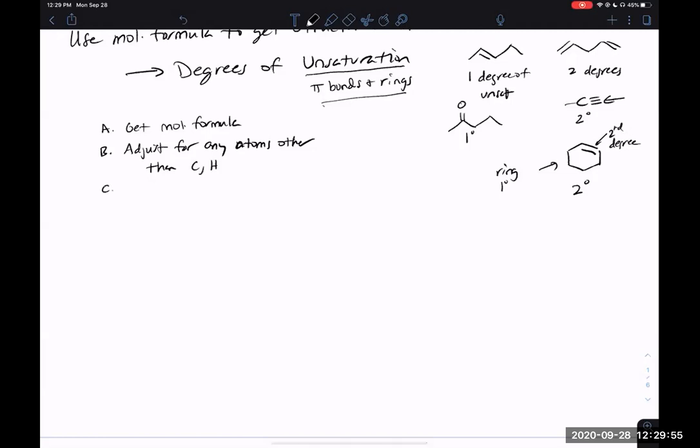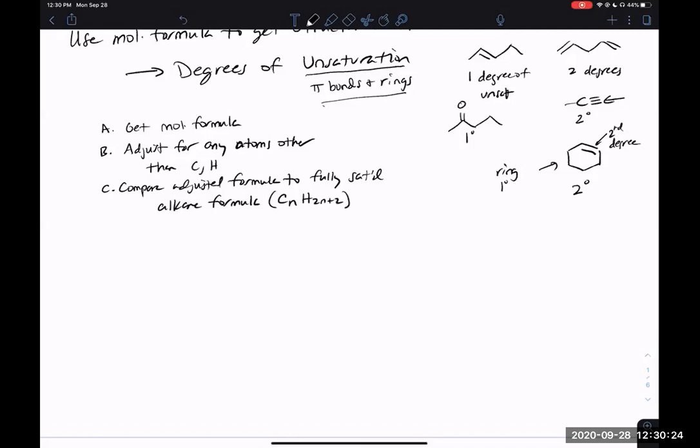And then we're going to compare that new formula, your adjusted formula, to a fully saturated alkane formula. An alkane that's fully saturated is CnH2n+2. So we're going to take our formula, adjust it down to just C's and H's, and compare it to if it was saturated. And then we're going to ask ourselves, how many hydrogens are missing?